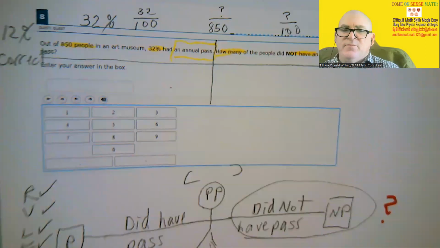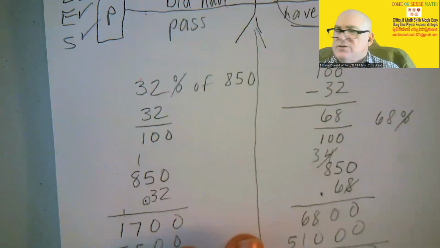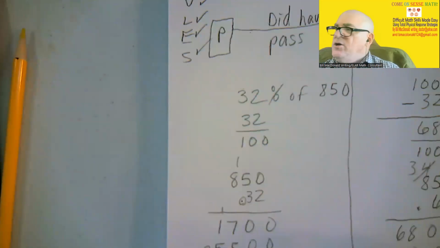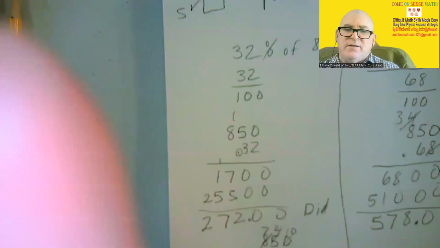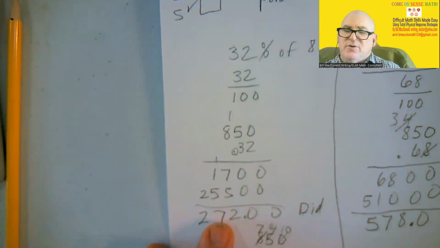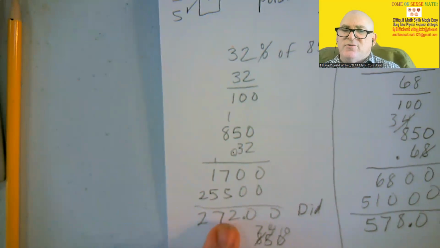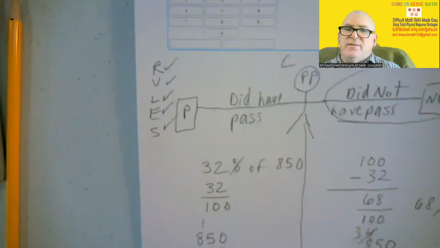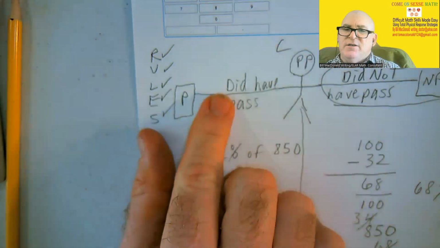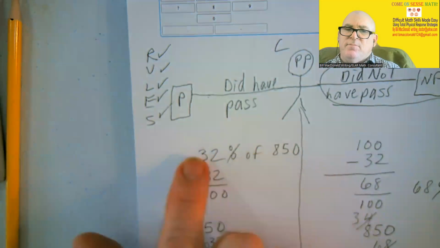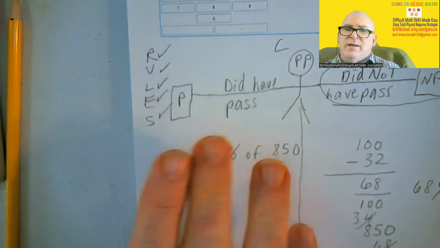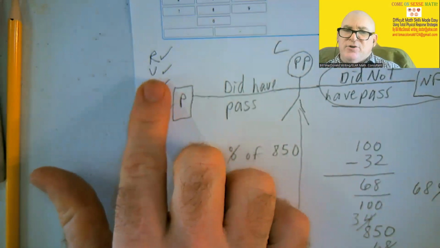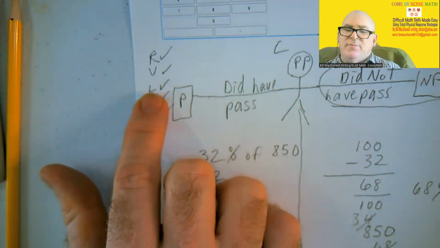That way, instead of doing this step on the left side, where they do the 32% and come up with 272, a lot of students probably just stopped there, even though that's on the left side of the T-chart, where the people who have the pass are. And so remember the reading, understanding the question, and the labeling.